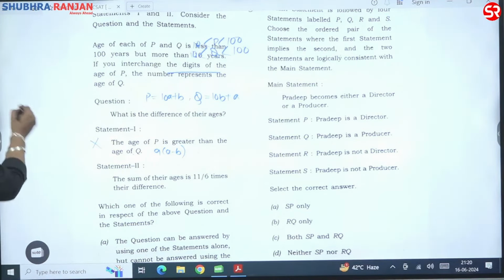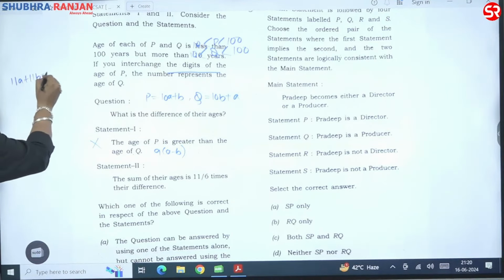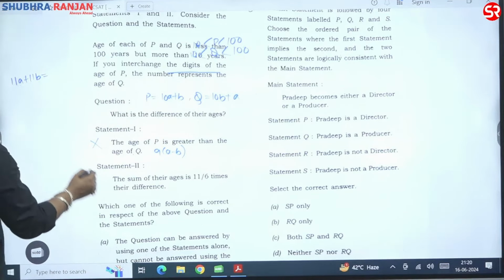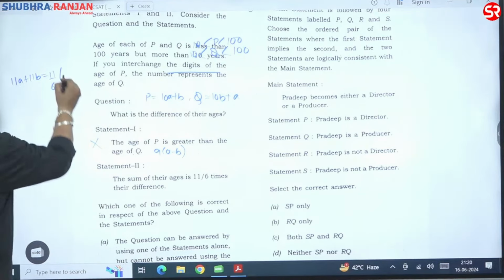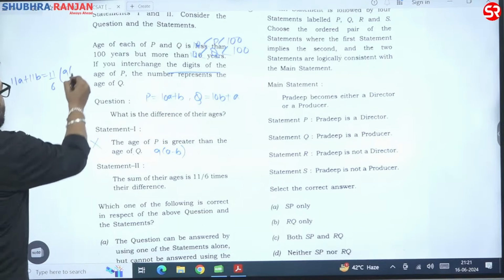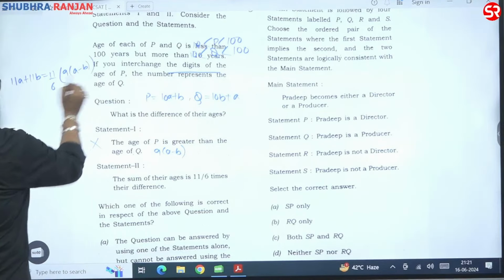So if you add, 11 times A plus 11 times B is equal to 11 by 6 times their difference. What is the difference? 9 times A minus B. Just check it out.